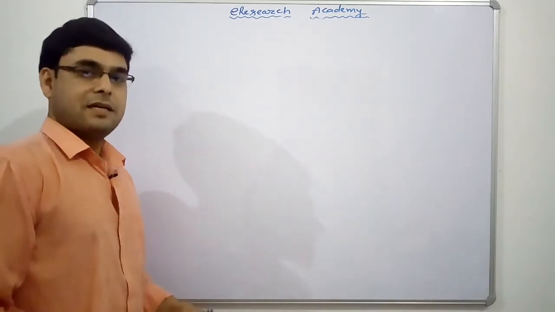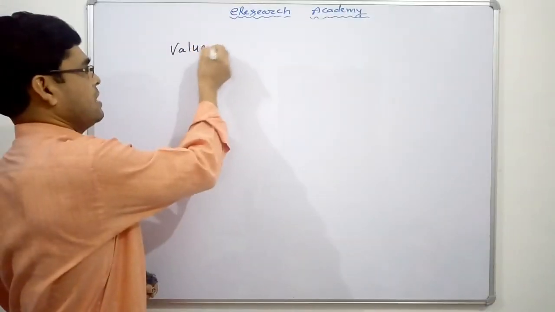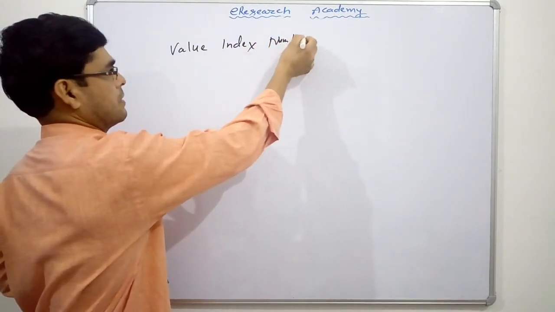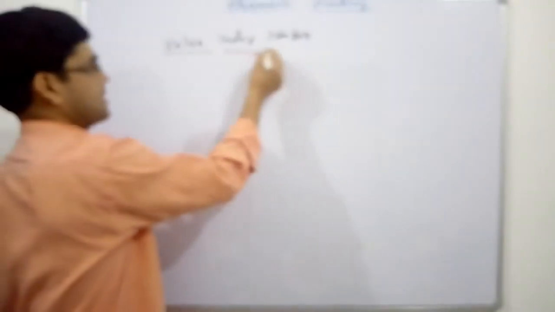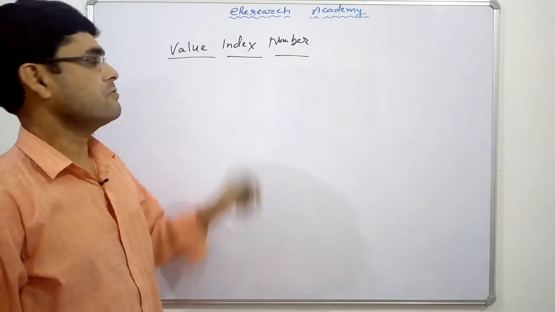Today we are going to discuss a topic that is the value index number. In previous lectures we have discussed the price index as well as the quantity index, and this is the third type of index, that is the value index.